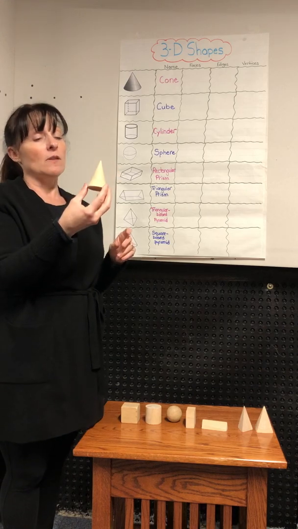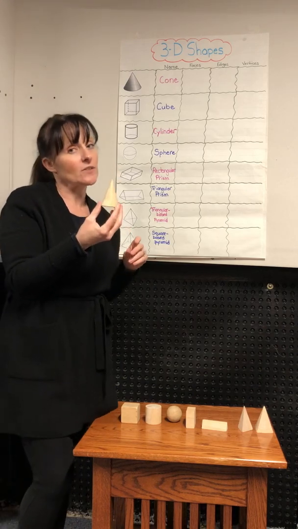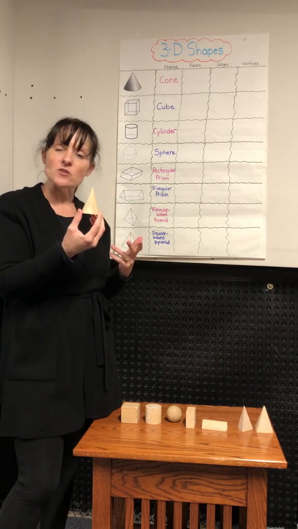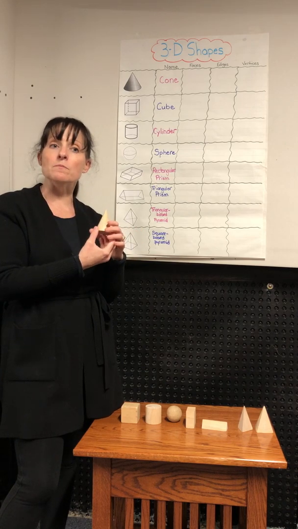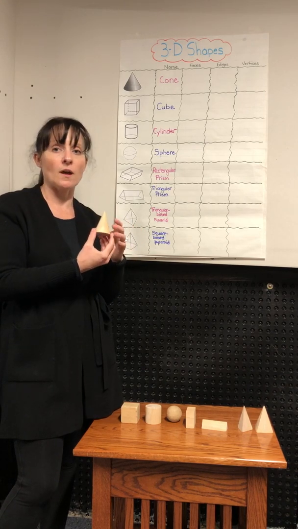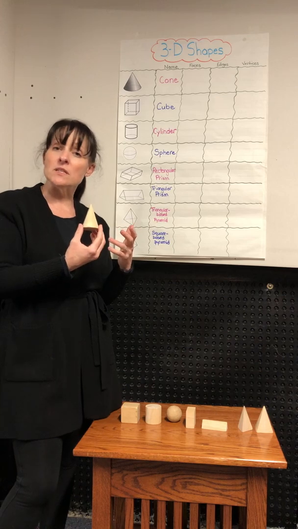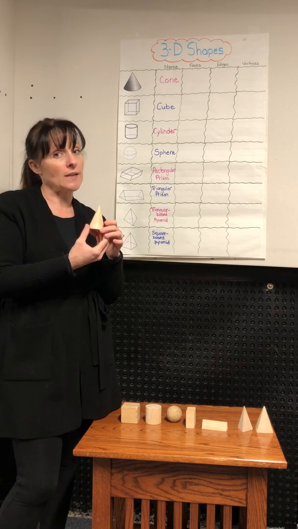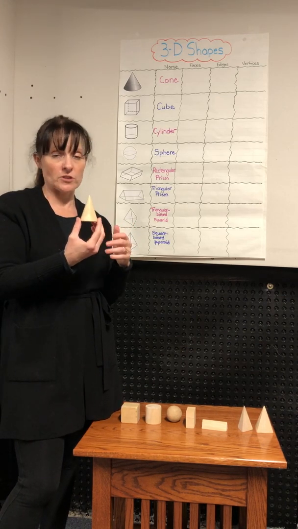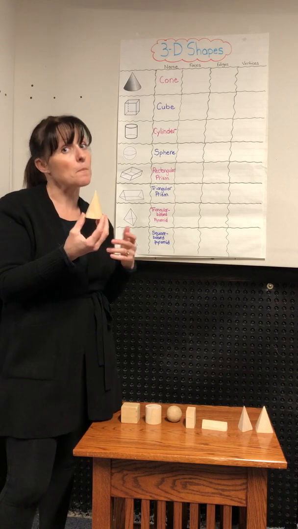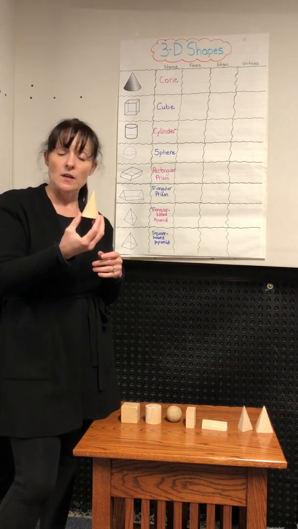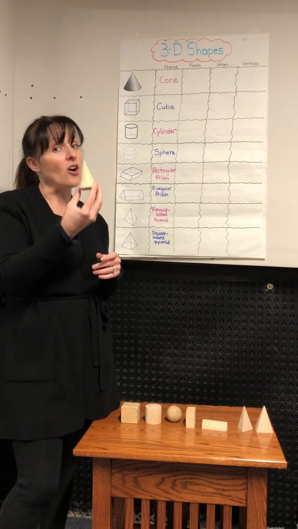Now, on your video, I know it told you that you don't have any edges or vertices, but this is actually a really big debate in mathematical areas. Lots of mathematicians say that there is not an edge or a vertex in a cone, but many say that there are. So really, there are.